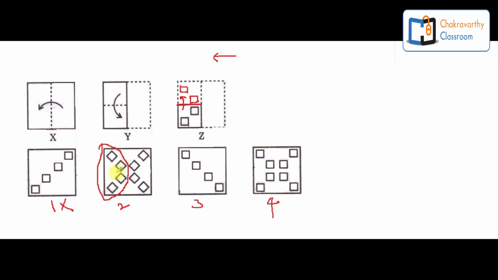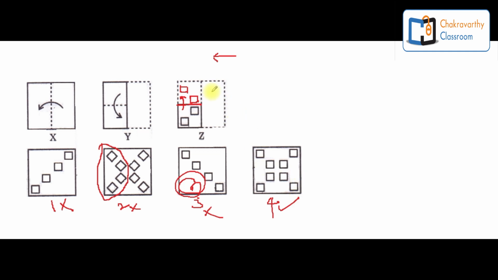But here these are not squares, these two are rhombus, it's diamond in shape. For that reason this is also ruled out. Third one, you see, no way, the original is missing here. For that reason ruled out. So without going for the last unfolding itself, you can say fourth option is the perfect one. Yes or no, right?